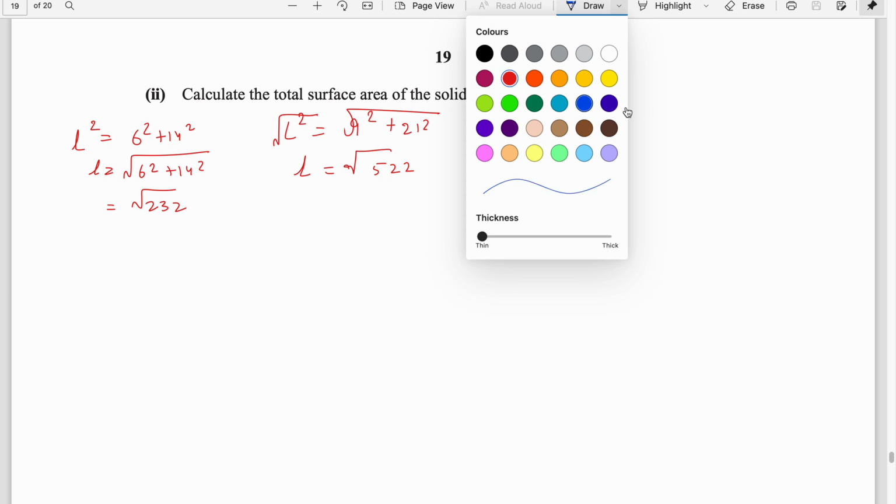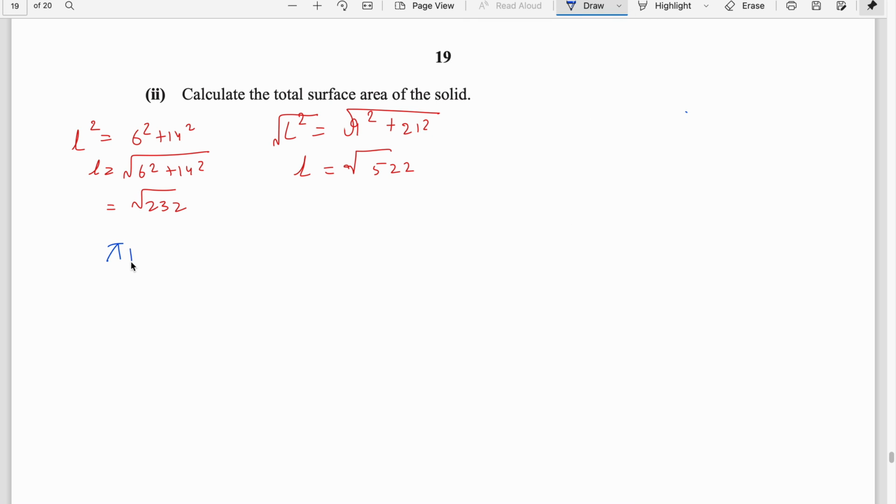Now for the area, pi rl plus pi rl plus pi r square minus pi r square. Just plug in the values and we'll be good to go. This is square root 522.